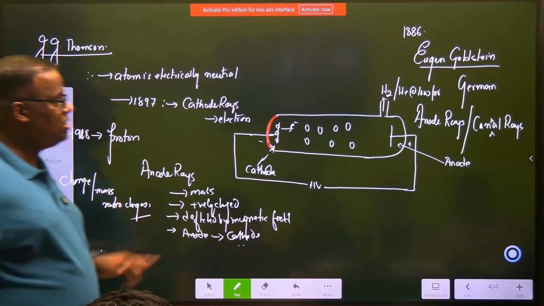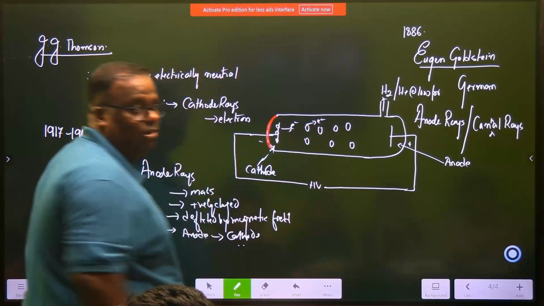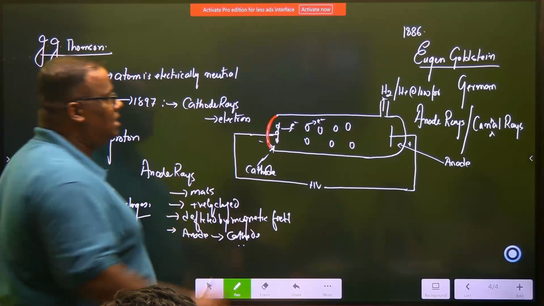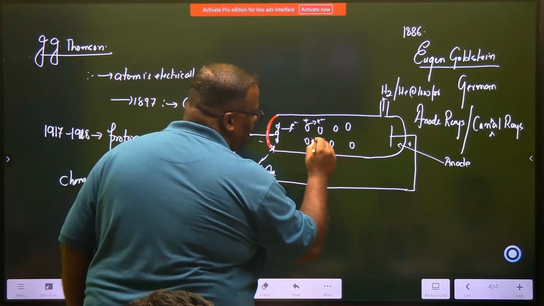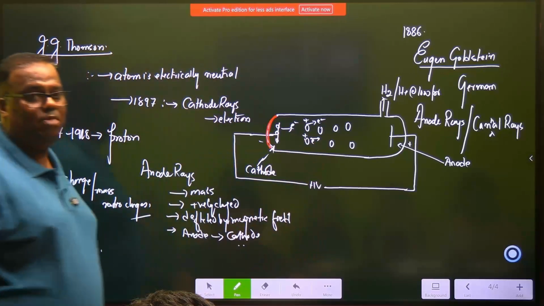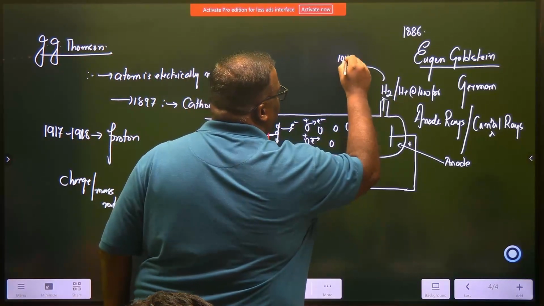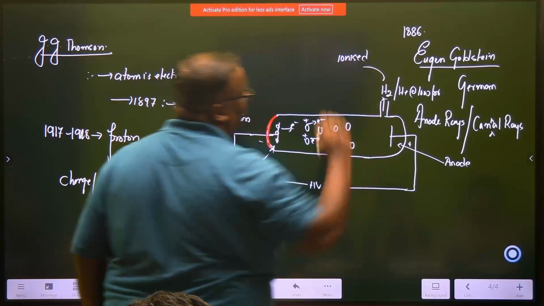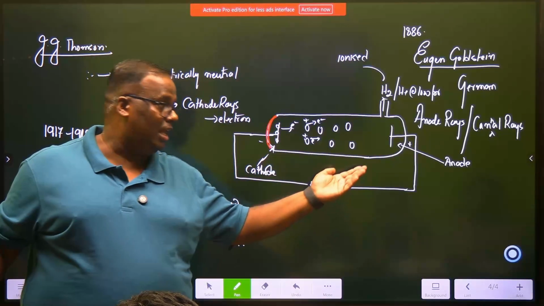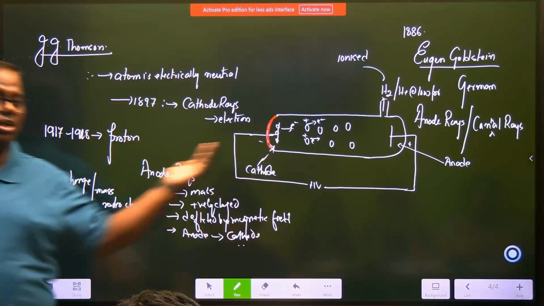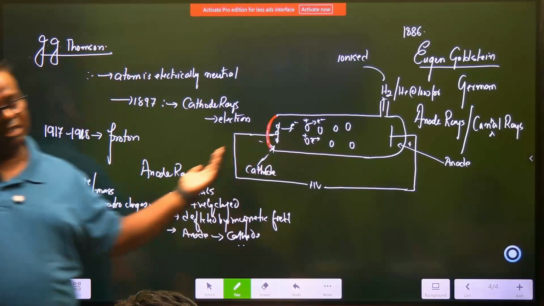These electrons at a very high speed will knock out an electron from this particular atom. As a result, the atom becomes what? Positively charged. Have you understood? This electron is knocked out and it becomes positively charged. So we say that this particular gas has been ionized. So anode rays or canal rays are a stream of ionized particles moving from anode to cathode.